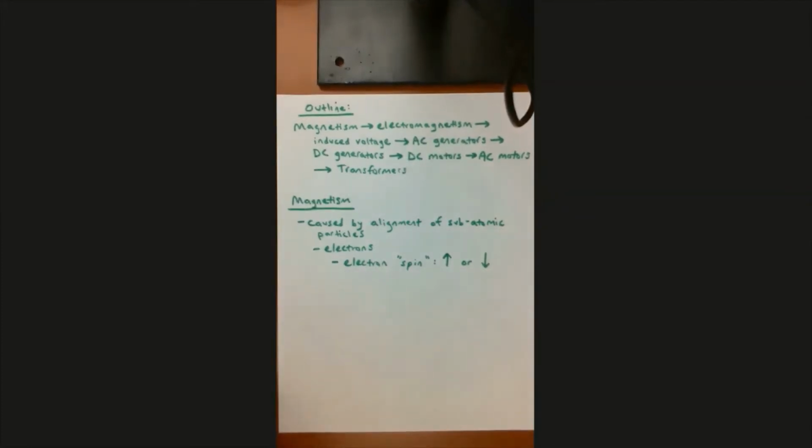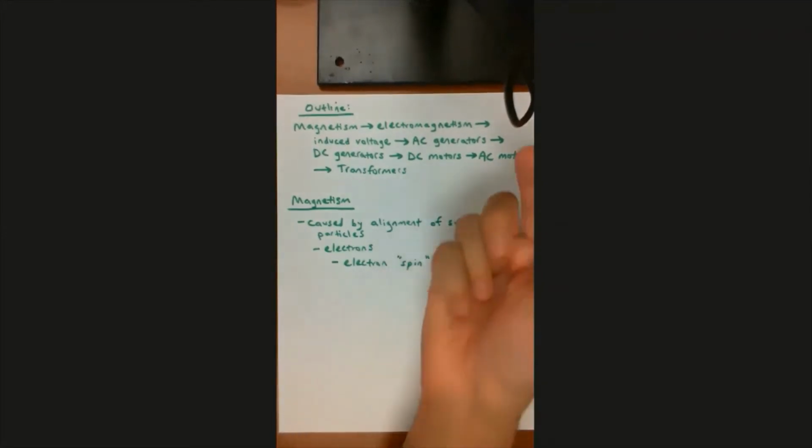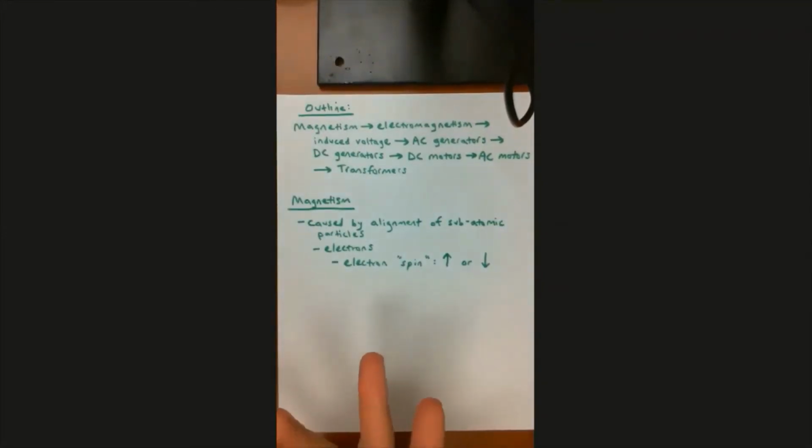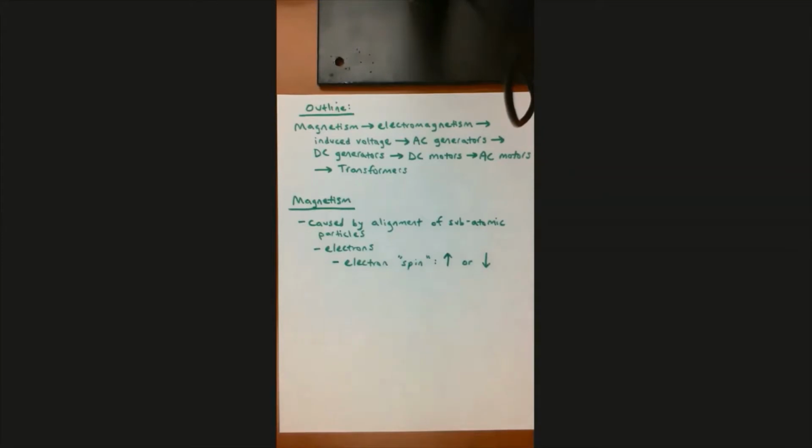And so this is a helpful visualization or construct. You can think about an electron as a little sphere that's rotating on its axis around the nucleus, kind of like the Earth rotates on its axis around the sun, right? So that's kind of what you can think about, and that works.